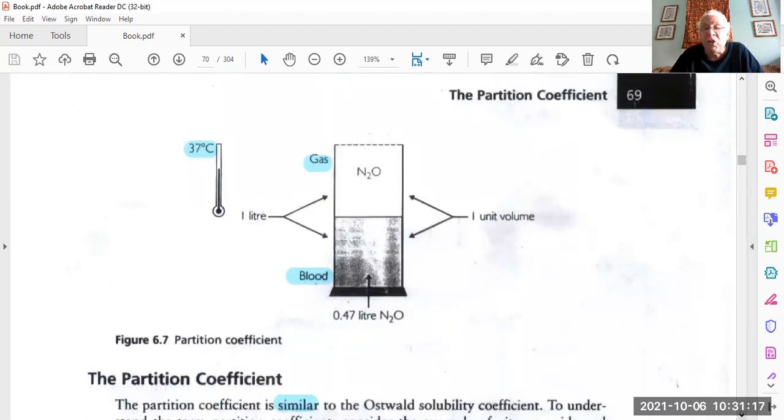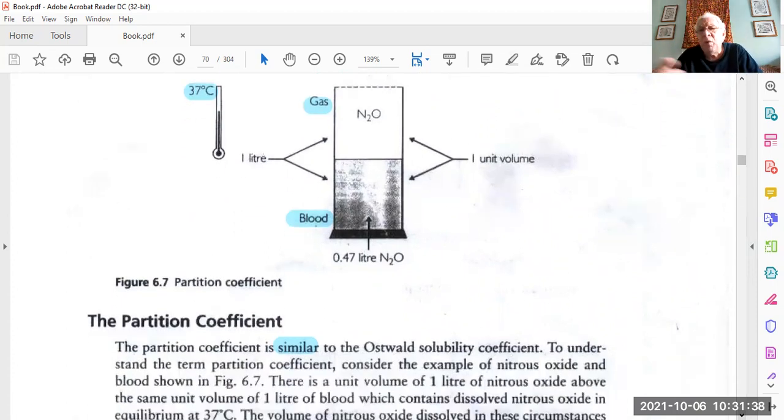The concept of partition coefficient is similar to Oswald partition coefficient, but there are two main differences or three main differences. First of all, we can see they are almost similar to each other, but the difference is when we use Oswald partition coefficient, we always say blood gas. يعني the blood in comparison to gas, nitrous oxide is 0.47.